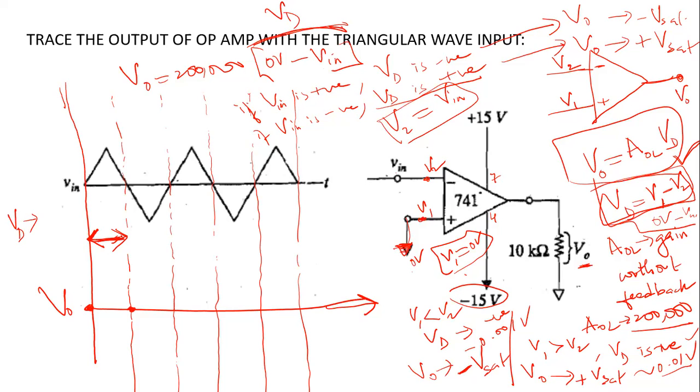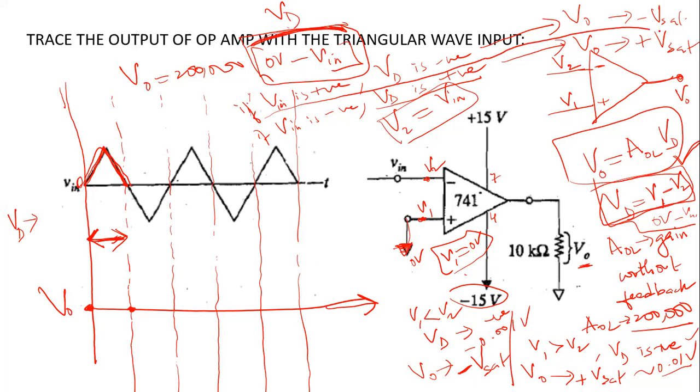So between this interval, this is 0 here. Your Vin value is positive between this interval. If Vin is above 0 volt, it means Vin is positive. If Vin is positive, then looking at this expression, Vd is equal to 0 volt minus Vin, so your Vd will be negative.